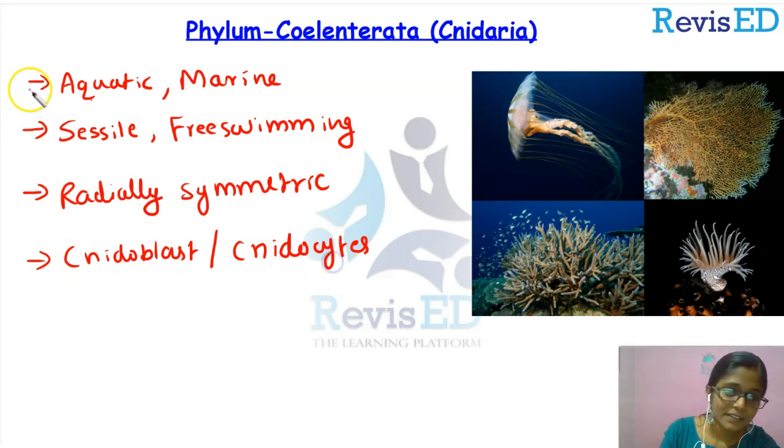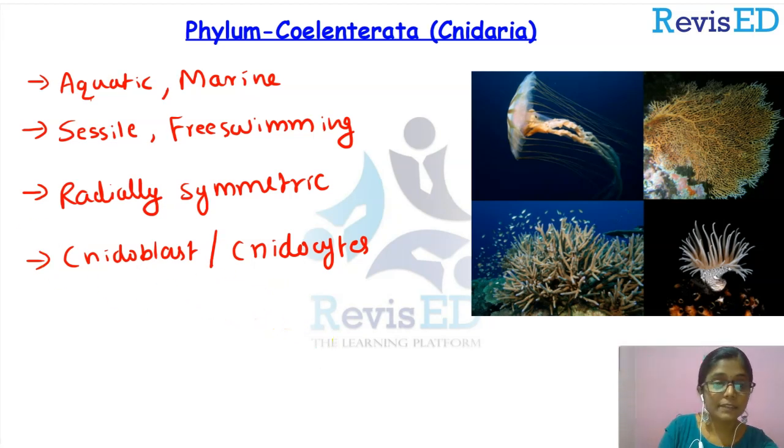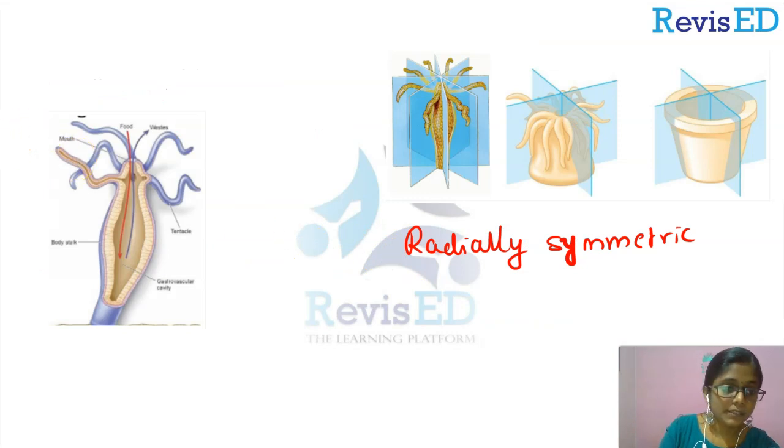Yeah. Now, so what about their gastrovascular cavity? We'll explain it with a picture. See, this is a hydra, an example, or this is the cross section of a hydra here. Now you can see that this is the gastrovascular cavity.